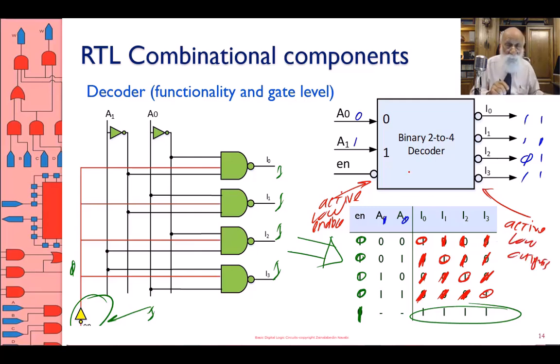How do I know without looking into it? Well, I know because I have a bubble. A bubble means active low, both on the input and on the output. So I've shown you the functionality and the block diagram of it, and also the circuit inside it.